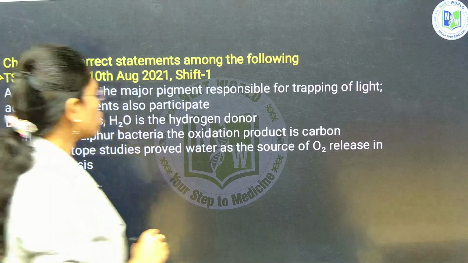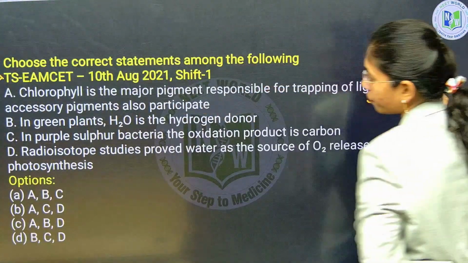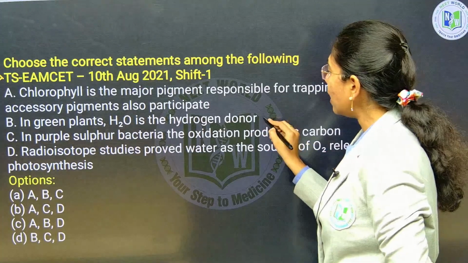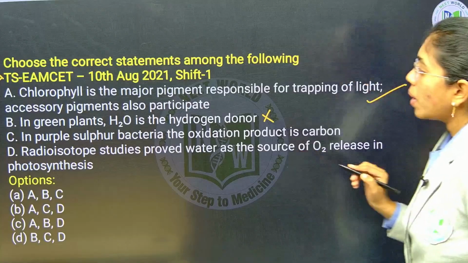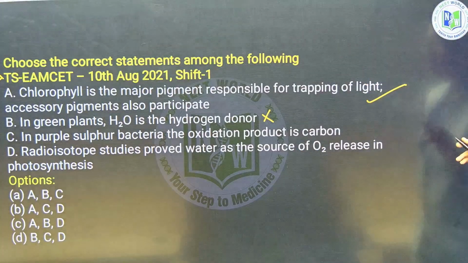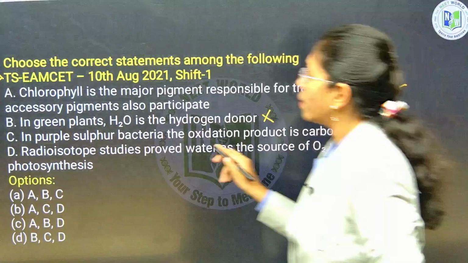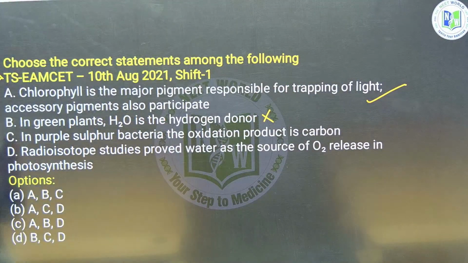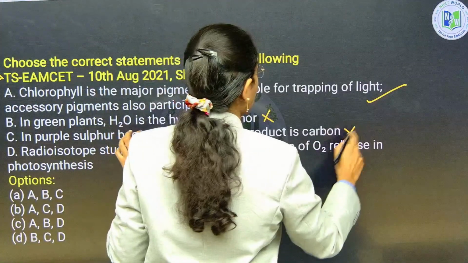Accessory pigments also participate. True. In green plants, water is the hydrogen donor. No, it is the electron donor. In purple sulfur bacteria, the oxidation product is carbon. Look at it carefully. Option C, in purple sulfur bacteria, the oxidation product is not carbon, it will be sulfur.